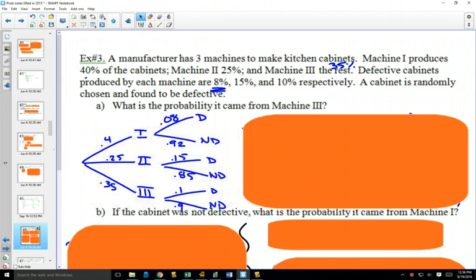This is what our tree diagram would look like. There's 2 events. First, a machine would be chosen, and then it either produces defective or not defective cabinets.